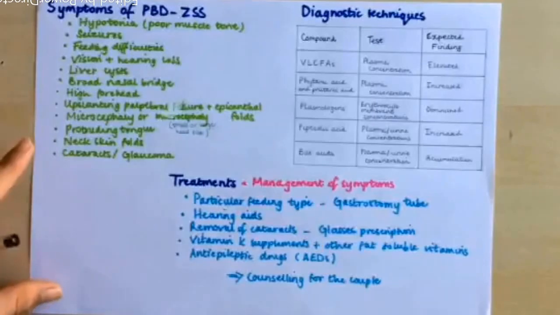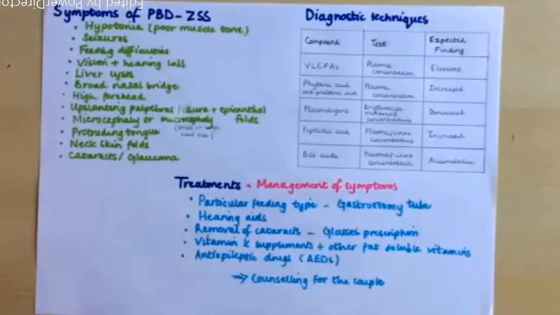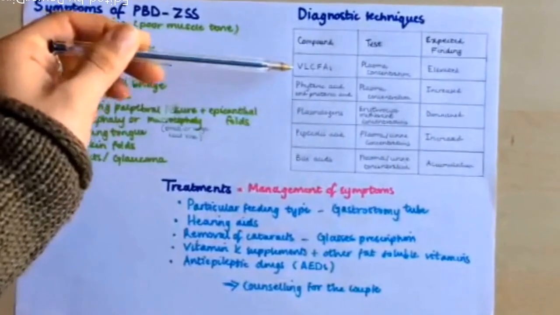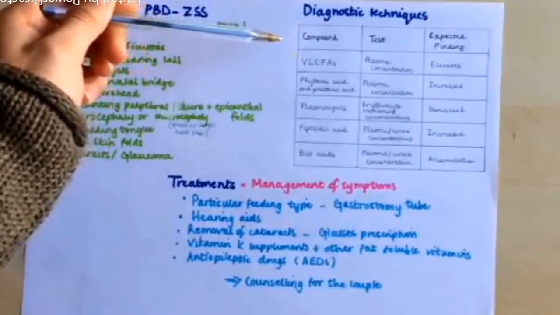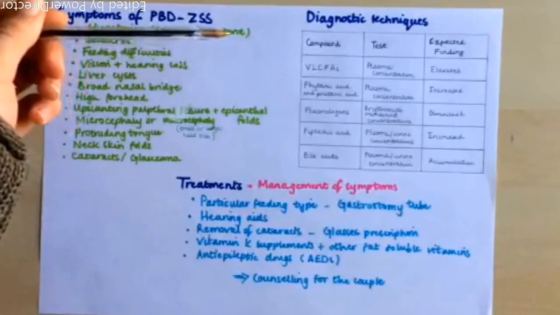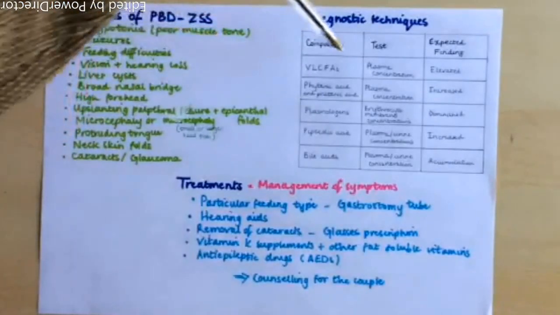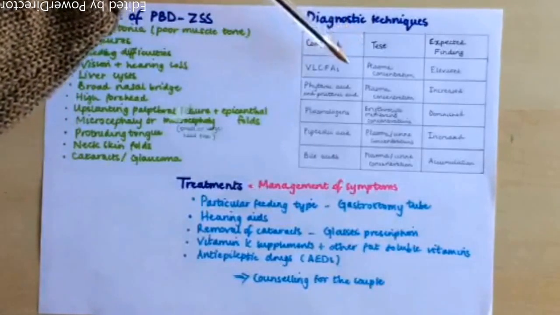Diagnostic techniques used to determine whether an individual is a sufferer of any of the Zellweger disorders includes analysis of these compounds extracted from the plasma or urine samples. It can be noted that the very long chain fatty acid concentration will be increased in patients, as well as the phytanic acid concentration.